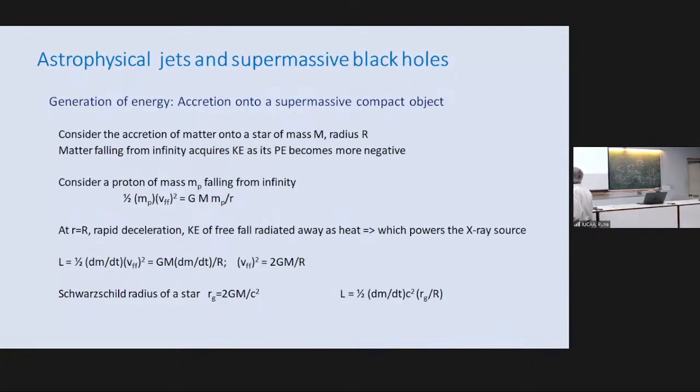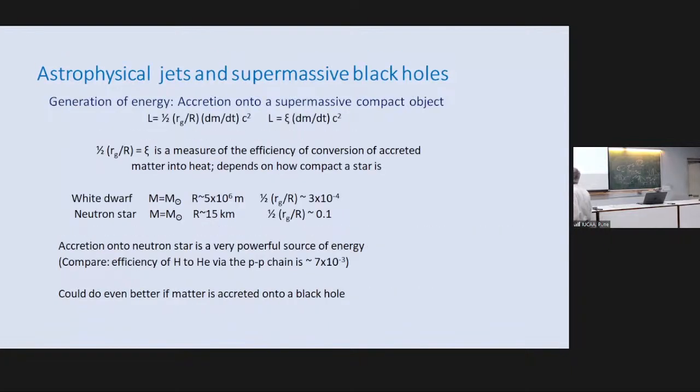Now, if you look at the efficiency, this is about 3 times 10 to the power minus 4. The neutron star is the more compact object, with similar masses, and it has a much higher efficiency. So if I compare that with nuclear fusion, if I have a compact object like a neutron star, which is about the mass of the sun, which is about 3 times 10 to the power 33 grams, I squeeze it to a radius of about 10 kilometers, even smaller than the size of Pune.